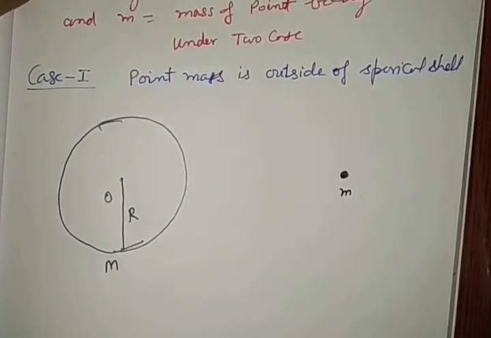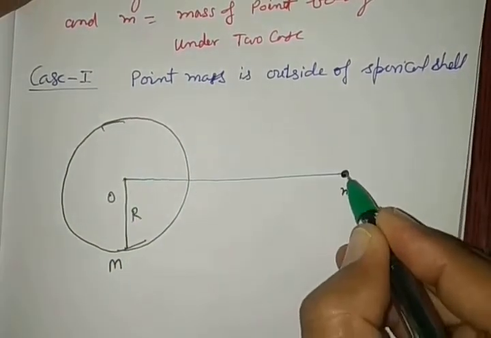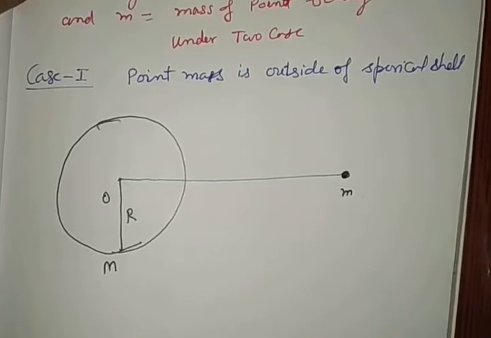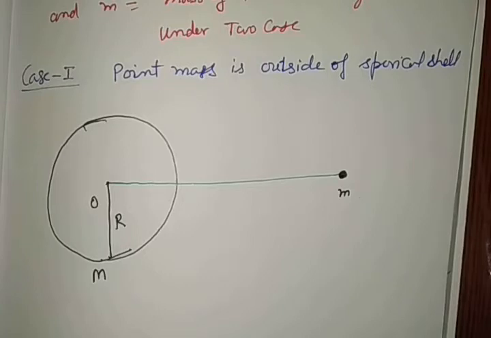Both are separated by a distance, and the point mass is outside the body. Clear? So we are going to see the gravitational force acting between both.